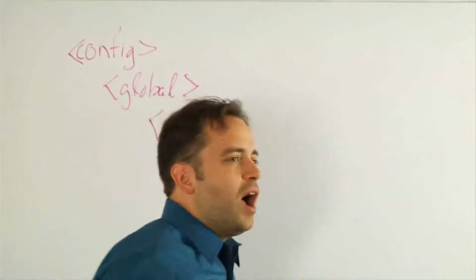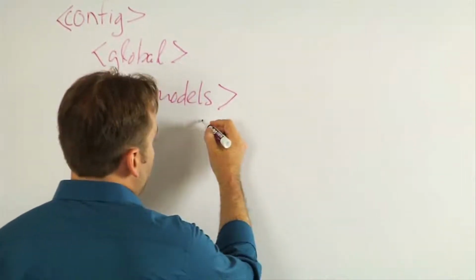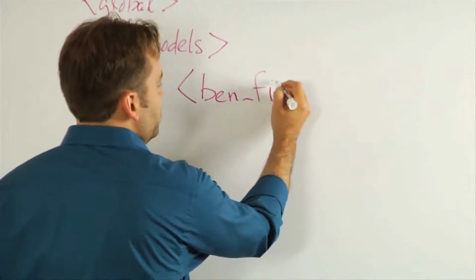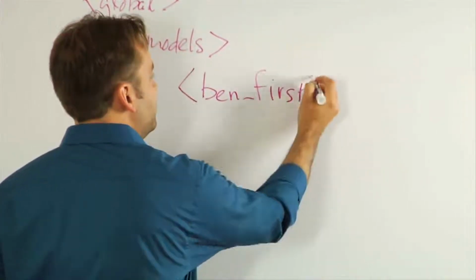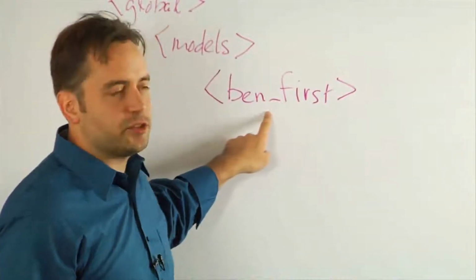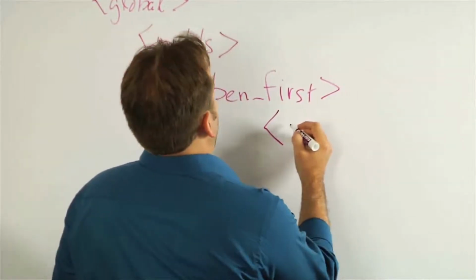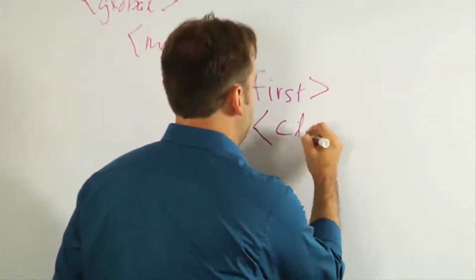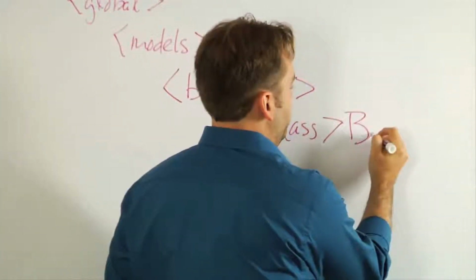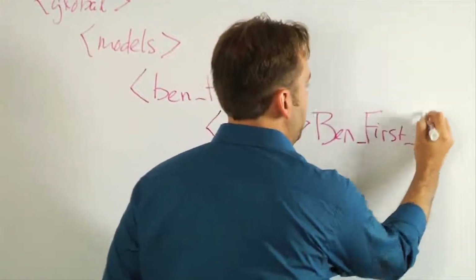And then let's say, you know, I like the namespace module convention, so I'll say config global models, and then in the case of my narcissistic example module, we'll say that's my class group name. So of course then in here I would specify, thank you, class, and then of course Ben first model.